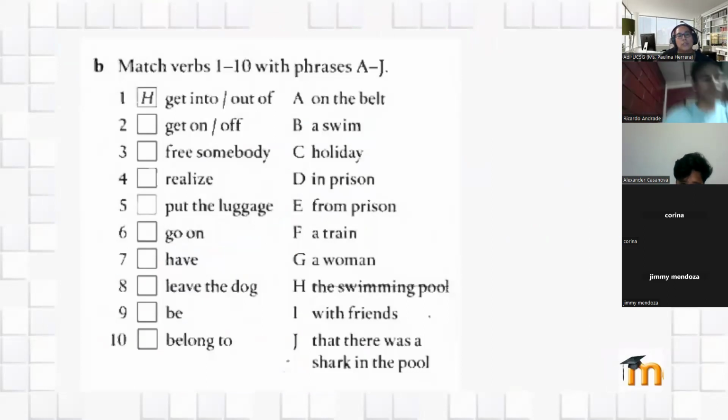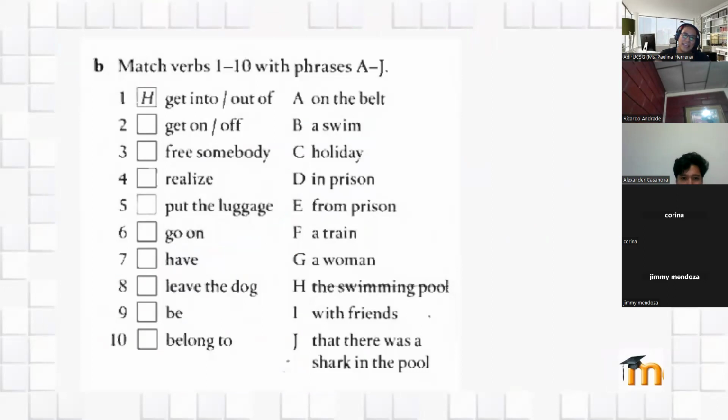What we have to do is to match. Okay, we're going to match these verbs with the other phrase. So I'll give you a few seconds to look at the phrases.